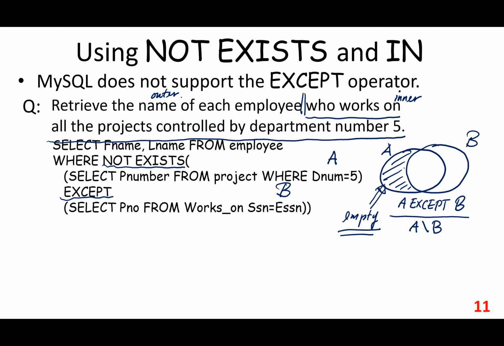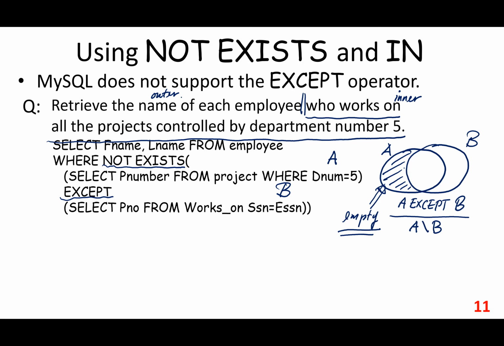All right, so set A is all the project numbers. How do we know this particular employee does not miss anyone? From set A, we remove all the project numbers worked by the current employee.